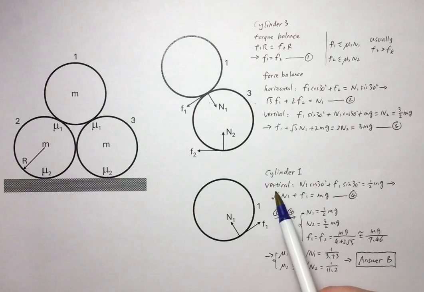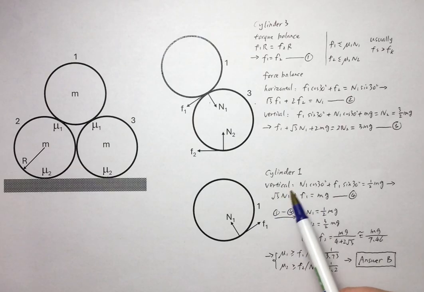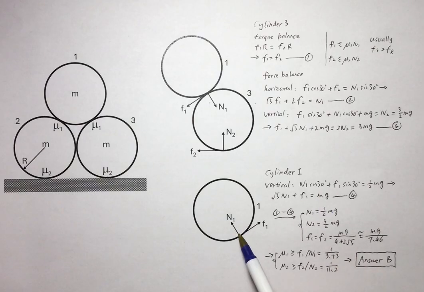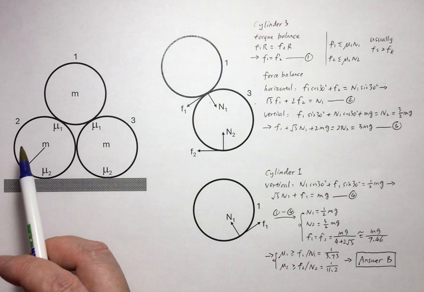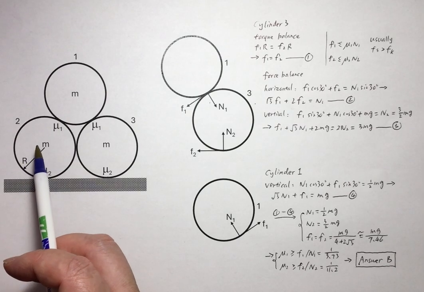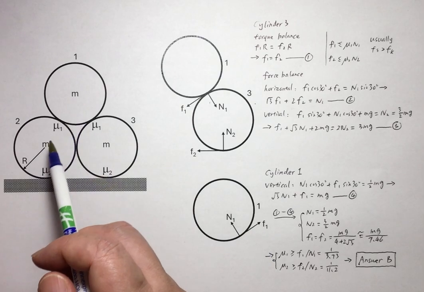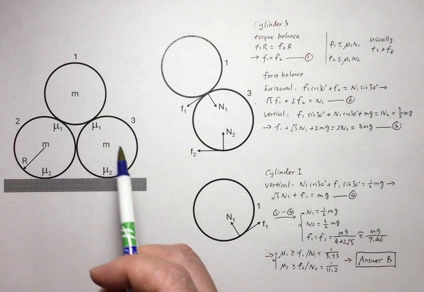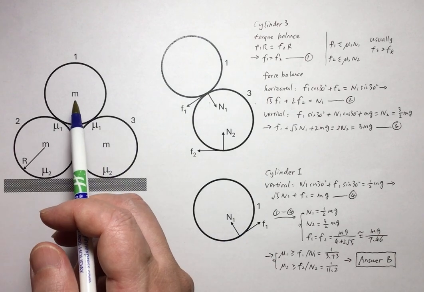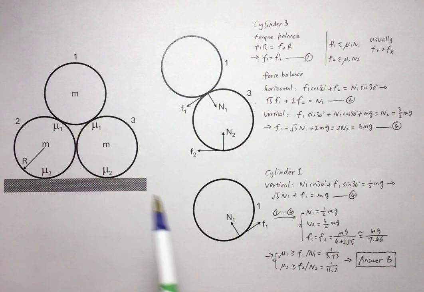So let's just look at the vertical direction. So N1's vertical component is N1 cosine 30 degrees, F1's is F1 sine 30 degrees. Due to the symmetry, cylinder 2 also offers the same magnitude of N1 and F1 components. And then these forces will be the same as mg.